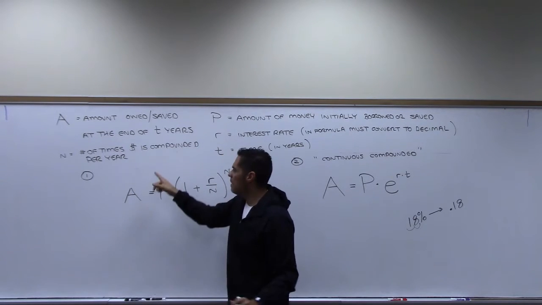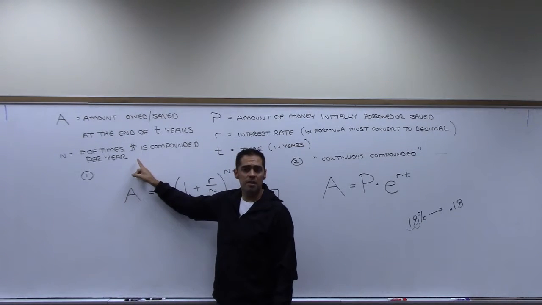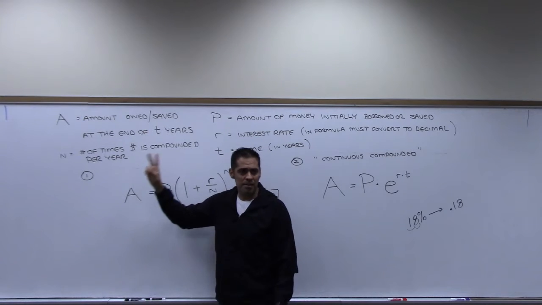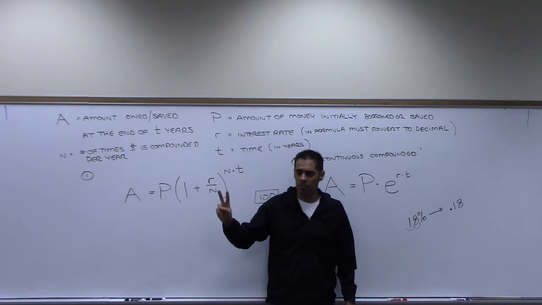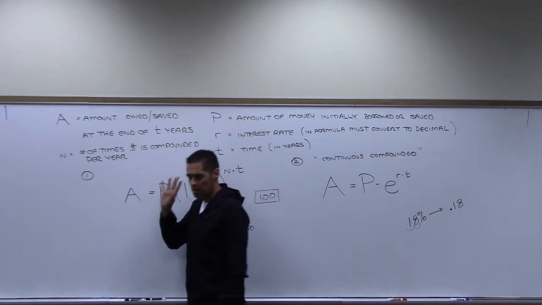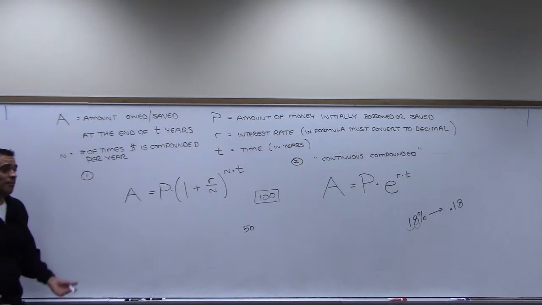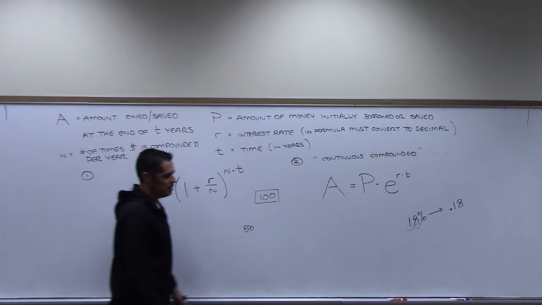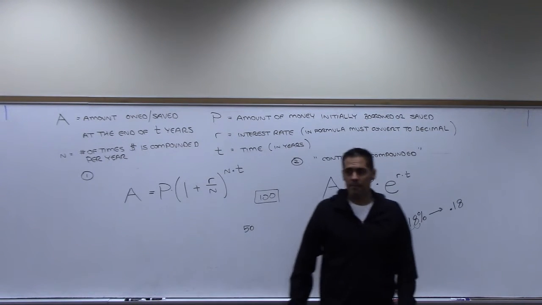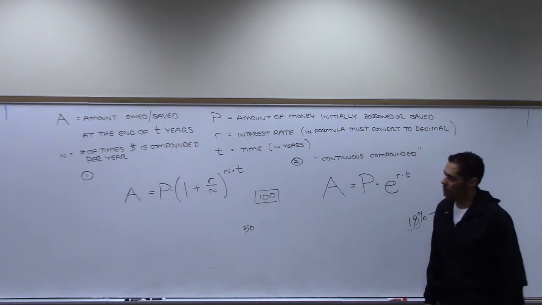So remember, if you need to make a note here: once a year is annual, twice a year is semi-annual, 4 times is quarterly, 12 times is monthly, 365 would be daily, and then we won't go past that. All right? Any questions?